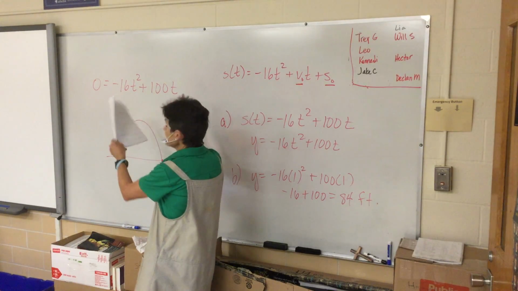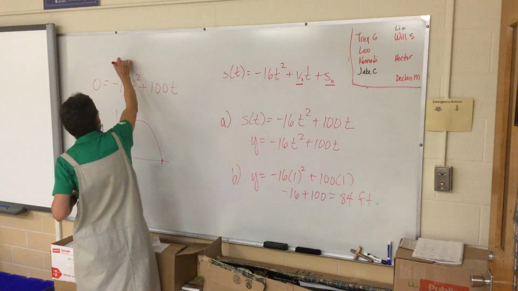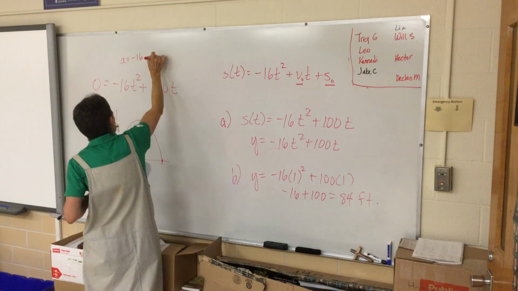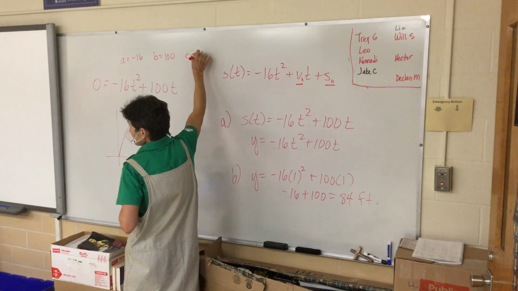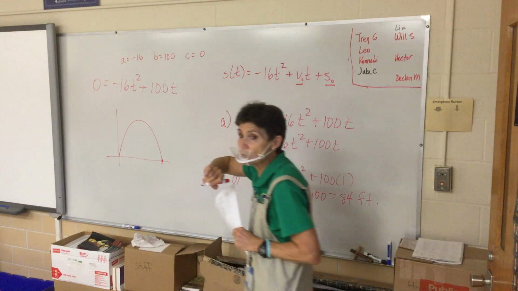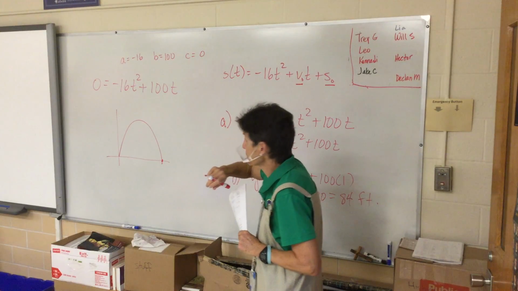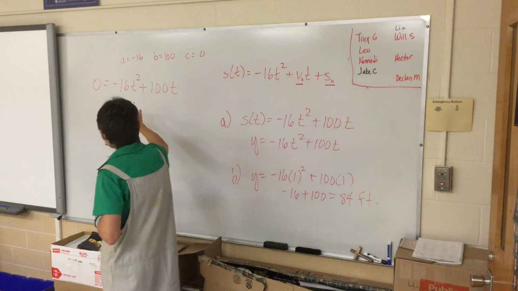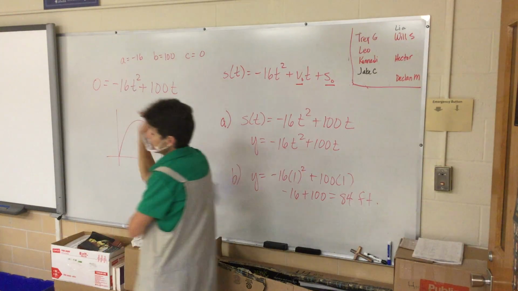Now, if you just leave it the way it is, without pulling anything out, your A would be negative 16, your B would be 100, and what would your C be? 0. Yep. So you could do the quadratic formula as long as you had those numbers. If you wanted to divide, you could do that, and then your A and B would be different, but your C is still going to be 0.